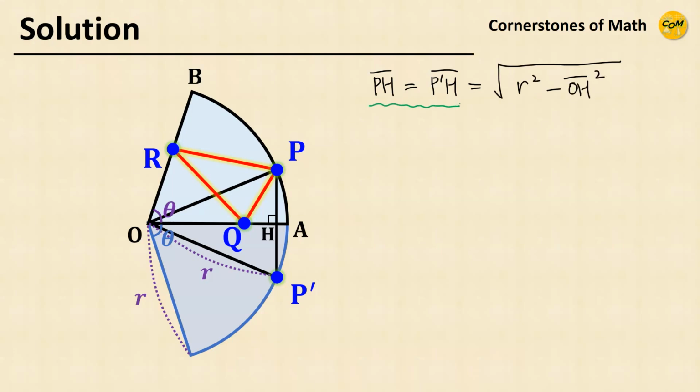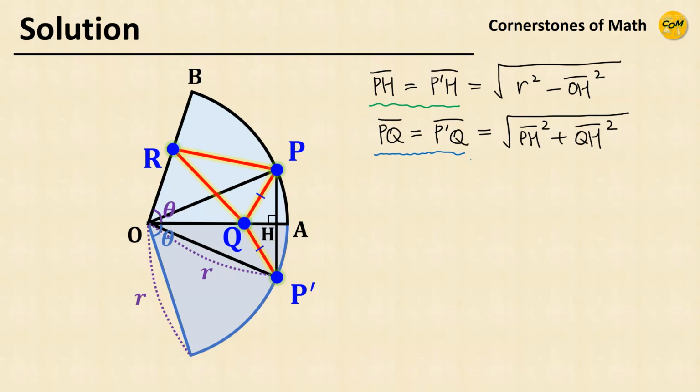Then, because of this relation, if we connect point Q with point P', then both length PQ and P'Q are given as square root of PH squared plus QH squared. So we obtain an important length relation: PQ is equal to P'Q.